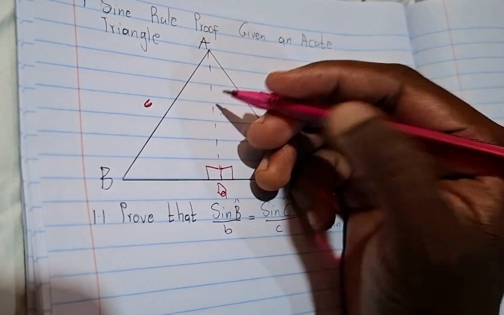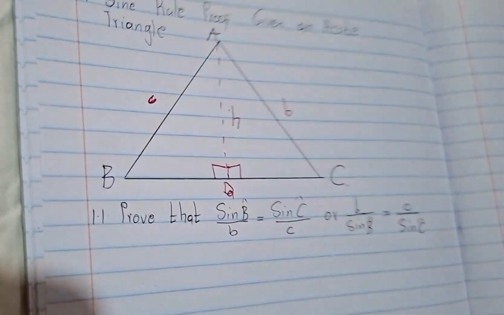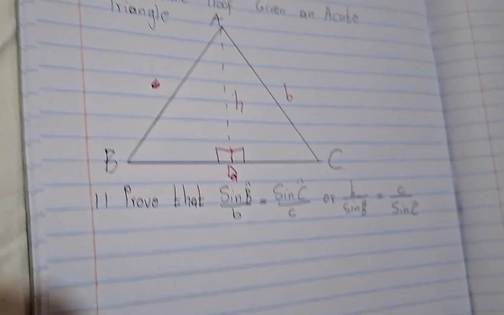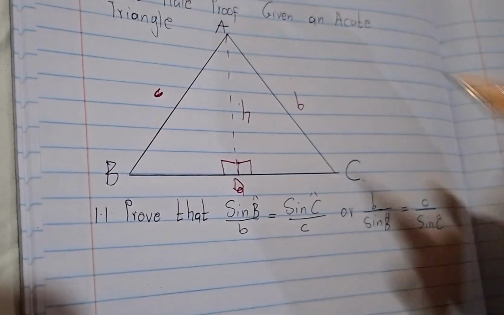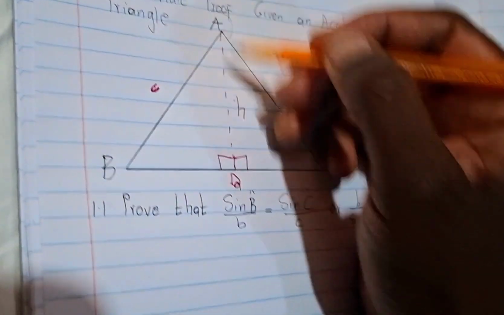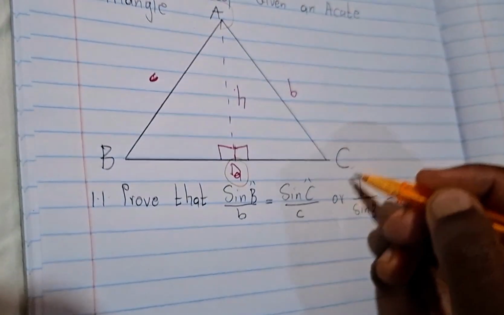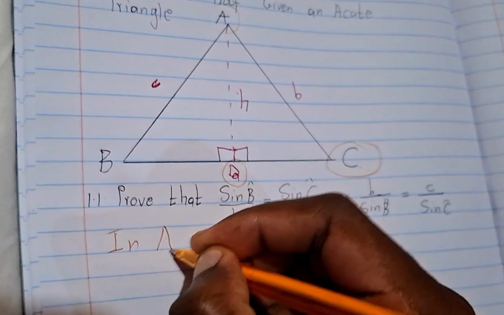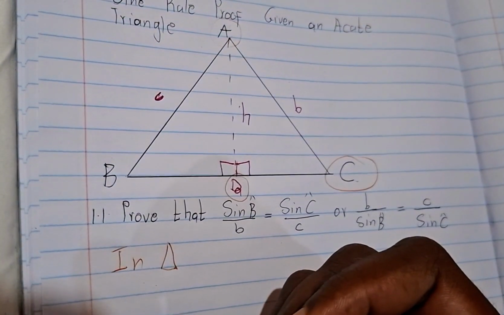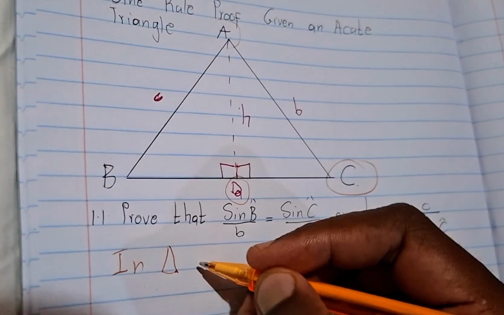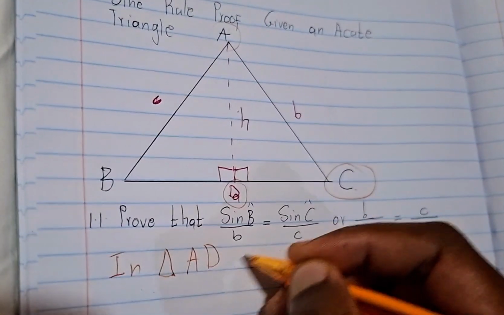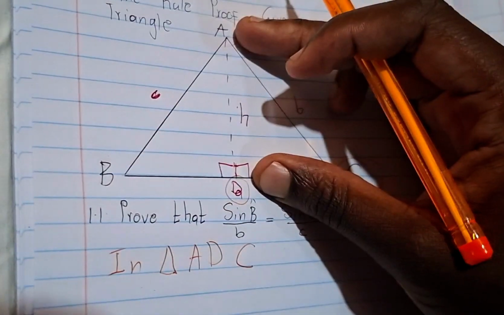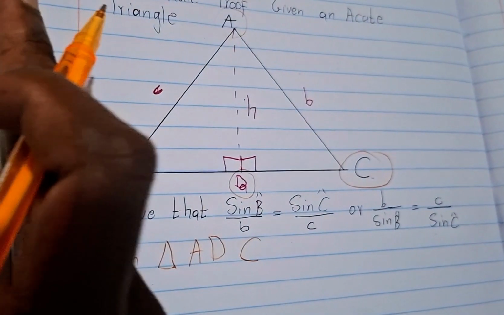Let's name our height h, AD. Now let's work in triangle ADC, a right triangle, because now it's right, and we forget about the other one.